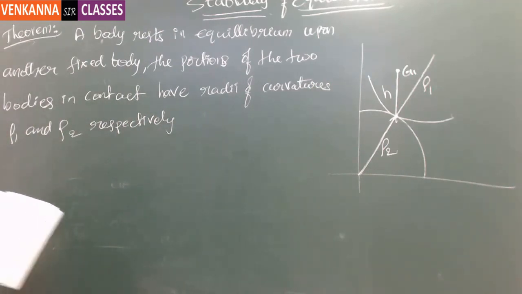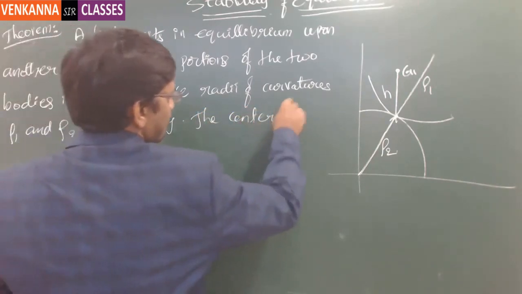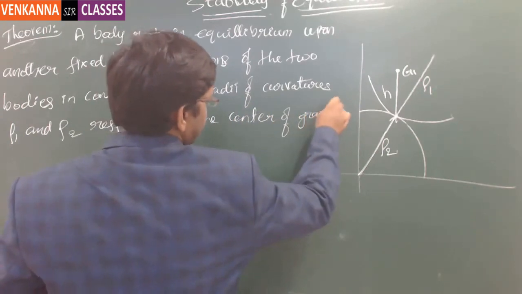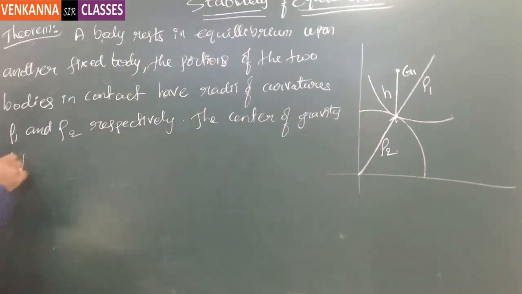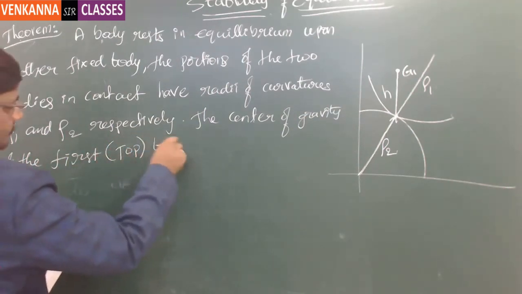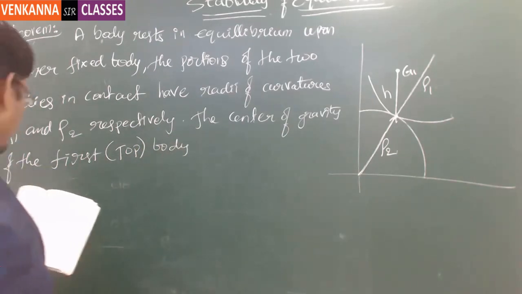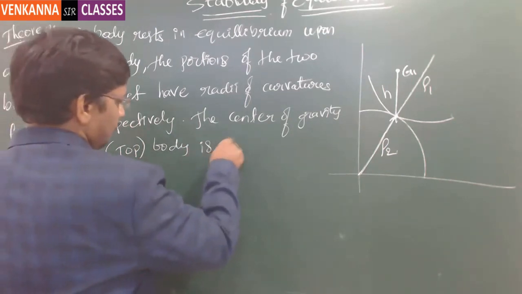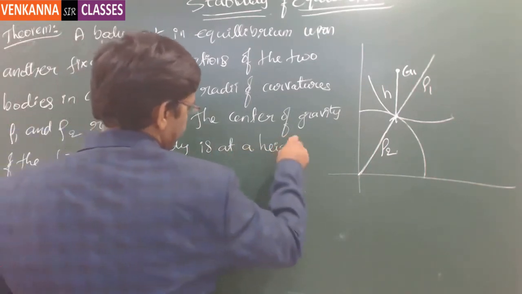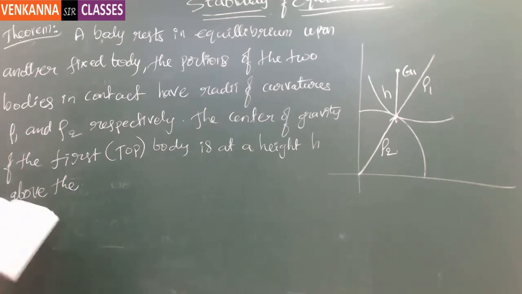The center of gravity of the first body is at a height h above the point of contact.